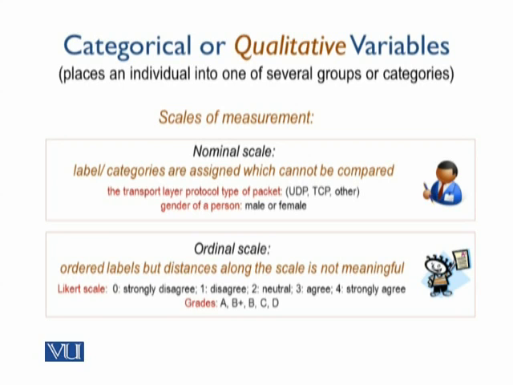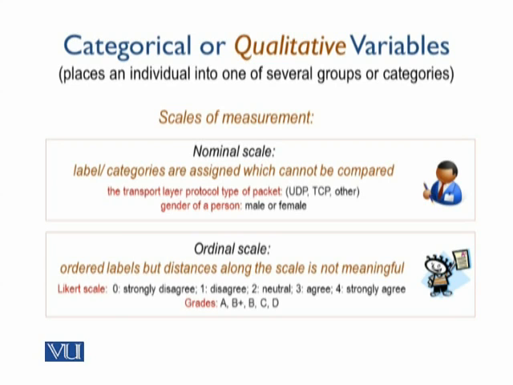An example of this is the Likert scale, which is very common in social sciences research. So you might have seen some survey papers in which you are asked a question, and they ask your opinion about particular things, and they ask you to rate your answer on a scale of 0 to 4, where 0 may mean strongly disagree and 4 may mean strongly agree, and the numbers 0, 1, 2, 3, 4 all fall in this scale.